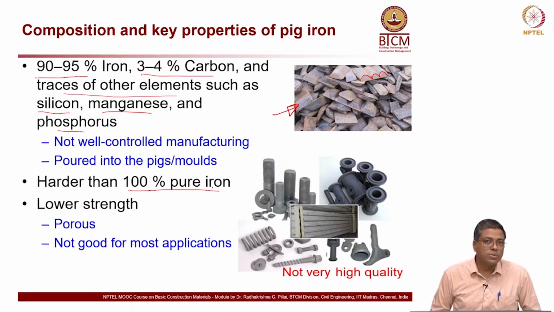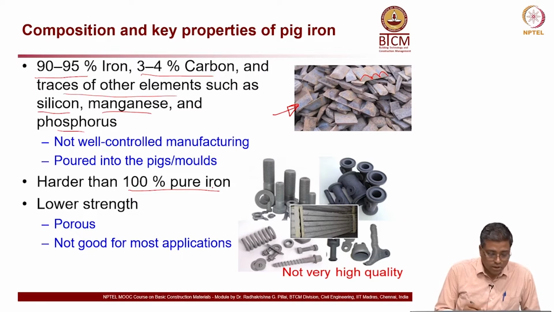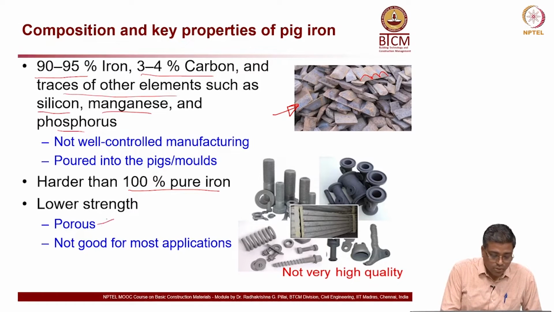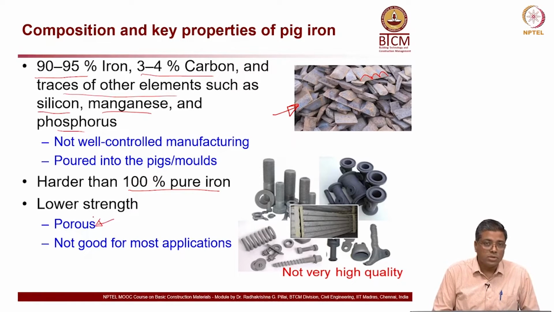So, hardness is very high because of the high concentration of carbon, about 3 to 4%. That is why this is harder in nature, and also lower strength because it is very porous in nature. Because as I said, the manufacturing process itself is not very well controlled.